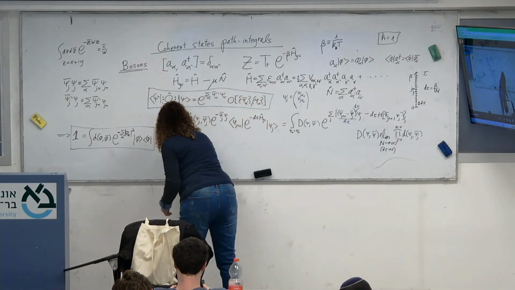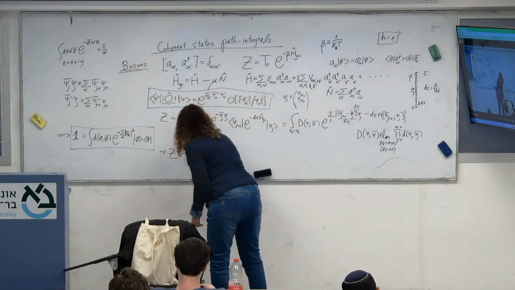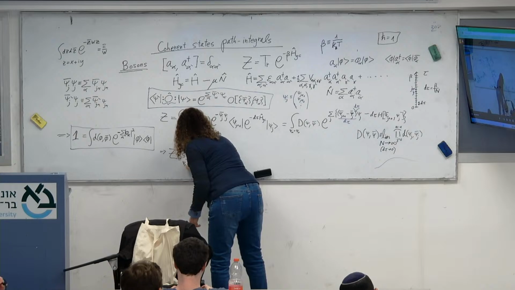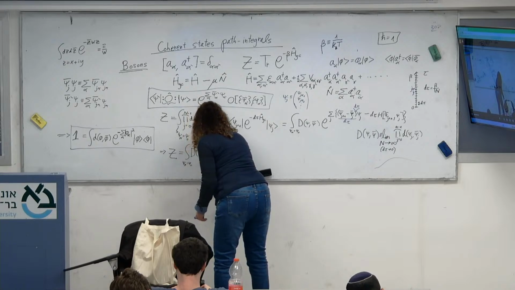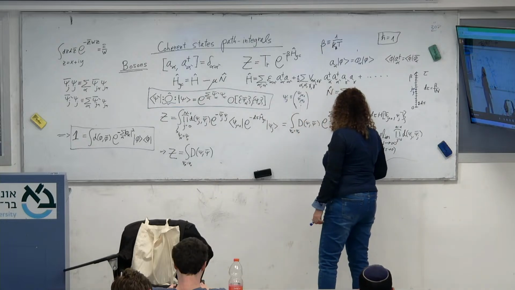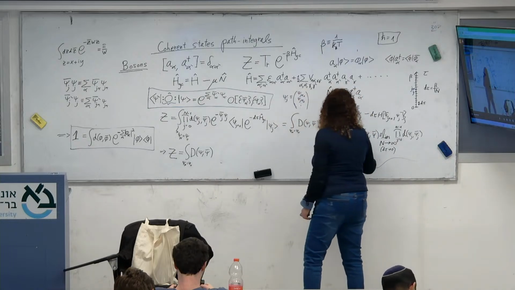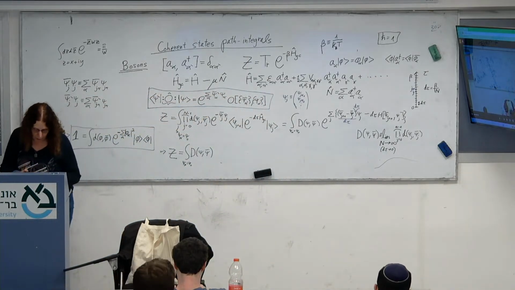So we're getting that the partition function equals the integral, psi n equal psi 0 as a constraint, capital D of... what do we have here in the sum? Let me just check that we have the signs correct.